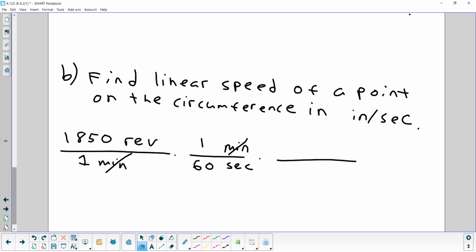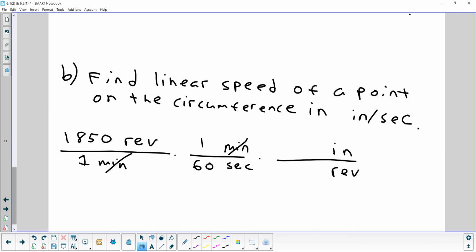Where is that going to go? If I want to get rid of the label rev, yep, it's going to go in the bottom. What's the linear measurement that they gave me in this problem? Angular measurement was revolutions. What is straight distance measured in? Yep, inches. I need to figure out how many inches in a revolution.